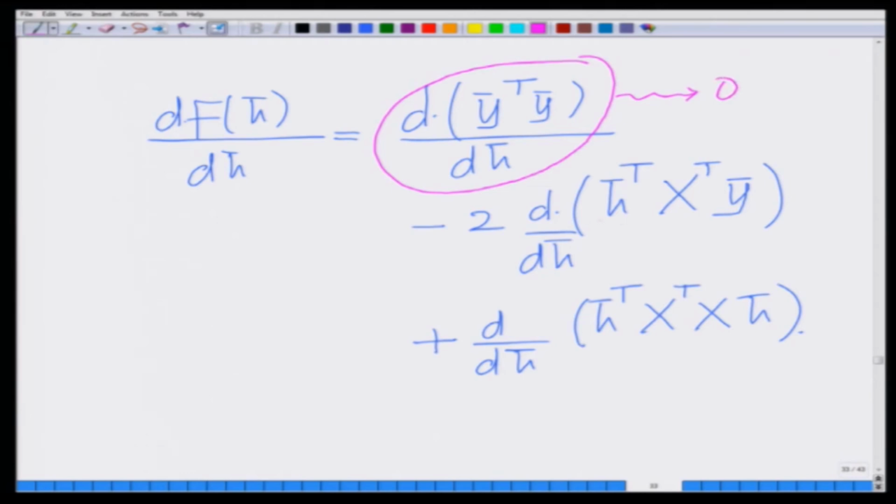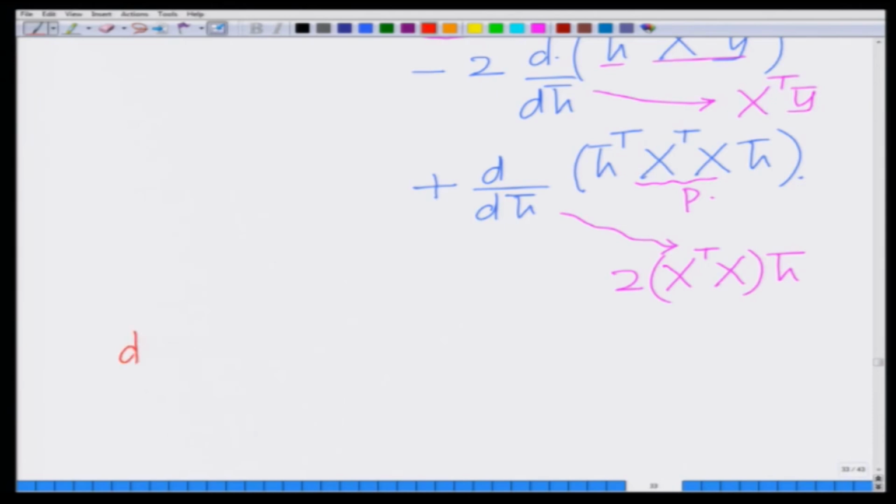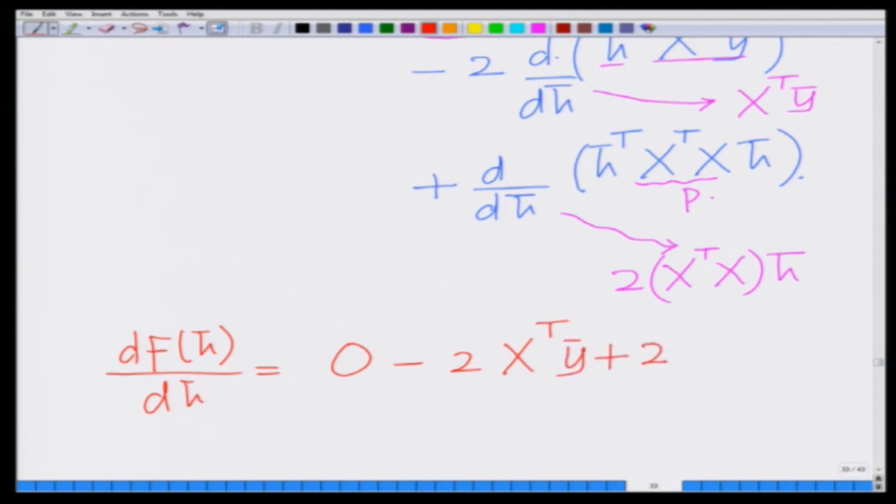Now, this quantity is H bar transpose C bar, so the derivative of this is equal to x transpose y bar, and this quantity over here is basically H bar transpose P times H bar, which means this derivative is twice P, that is twice x transpose x times H bar, which means the derivative now can be simplified as the derivative equals 0 minus 2 x transpose y plus 2 x transpose x H bar, which we are setting equal to 0.